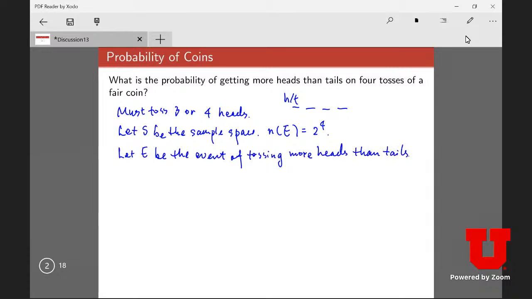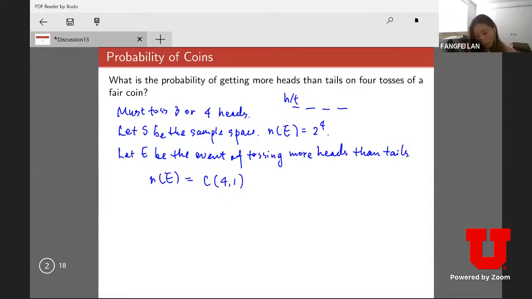Oh wait, no, that's a different path. We're going down a different one. So the number of possible ways it could happen is with 3 heads, and then with 4. With 4, there's only one way of it happening, and with 3, there's 4 choose 1 possible ways.